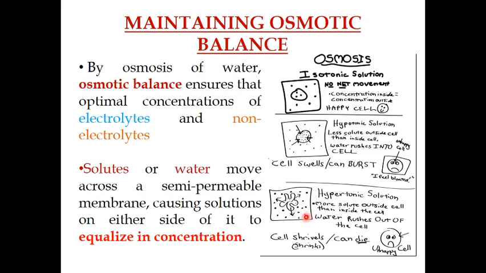One of the tendencies of water is to dilute the solution, so it definitely comes out of the cell, and water rushes out of the cell, and the cell may shrink. Even the cell may die by shrinking. So that is how this state is unhappy for the cell.